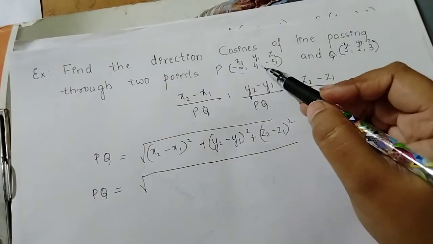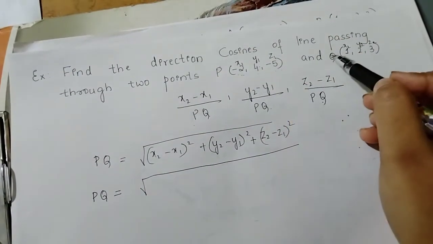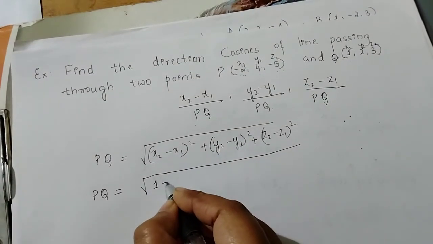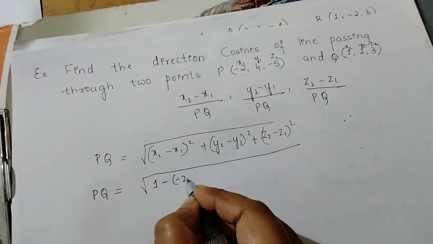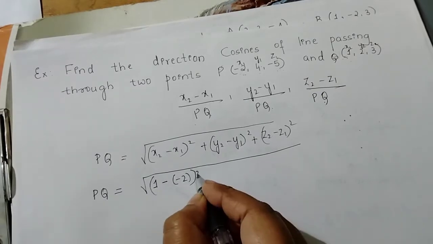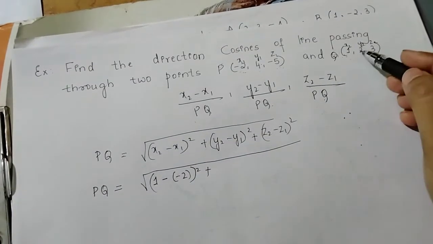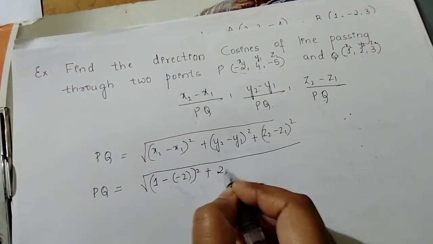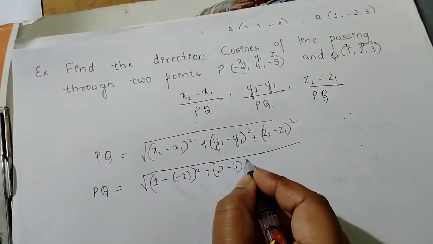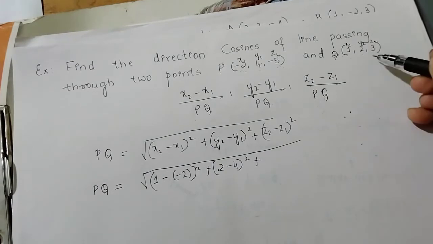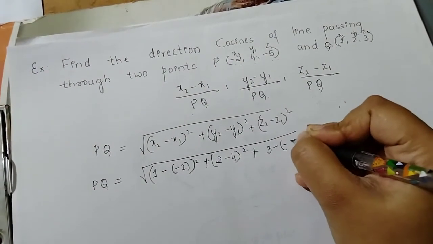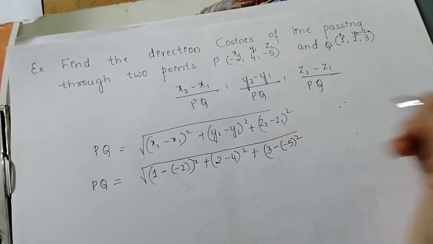Okay, now x2 minus x1 whole square: x2 is 1, minus x1 which is minus 2, whole square, plus y2 minus y1: y2 is 2, y1 is 4, so 2 minus 4 whole square, plus z2 minus z1 whole square: 3 minus of minus 5 whole square.